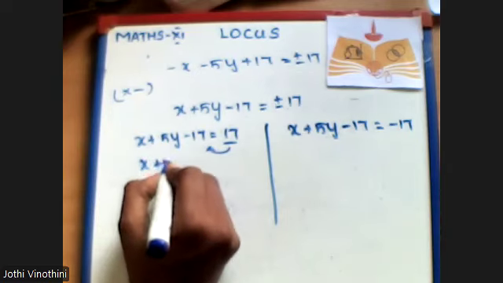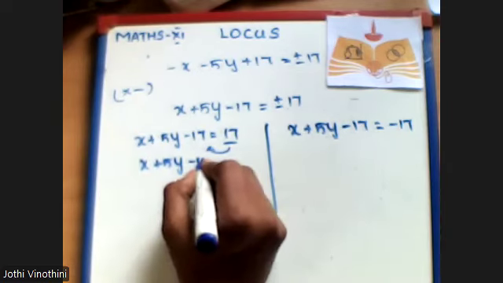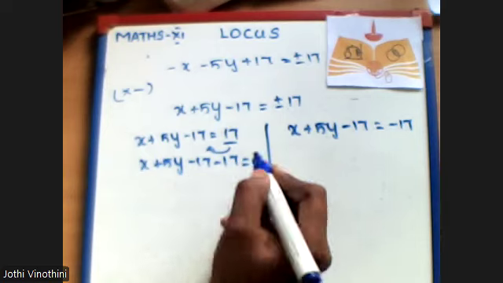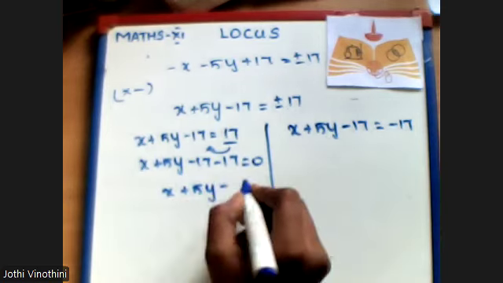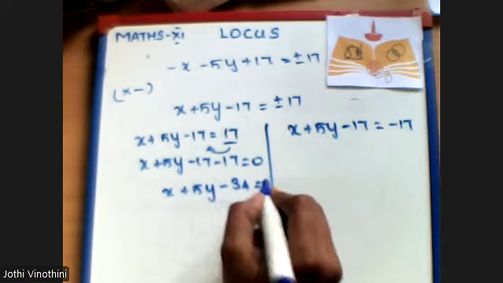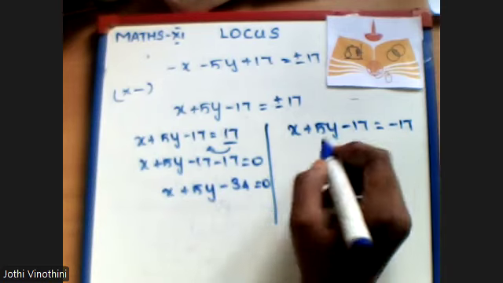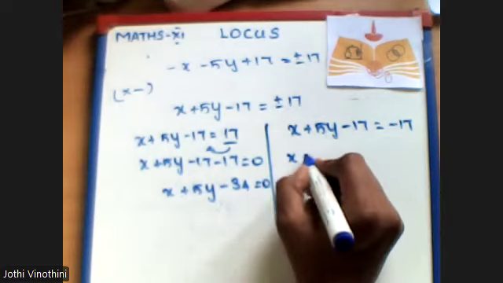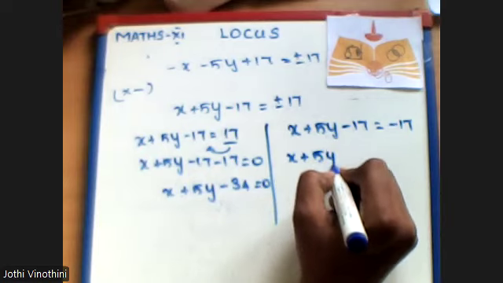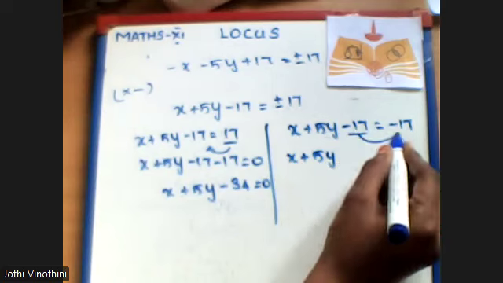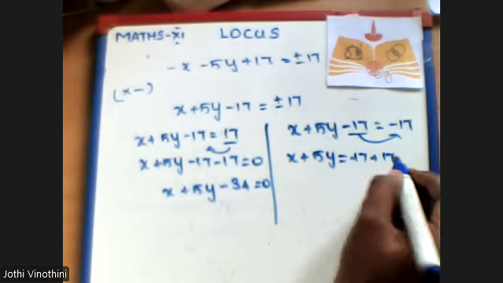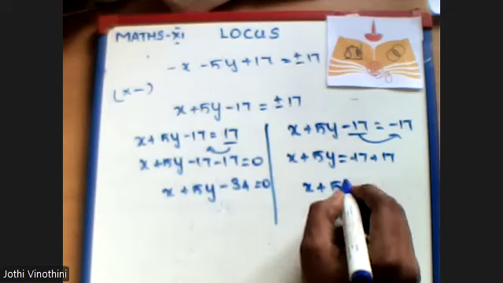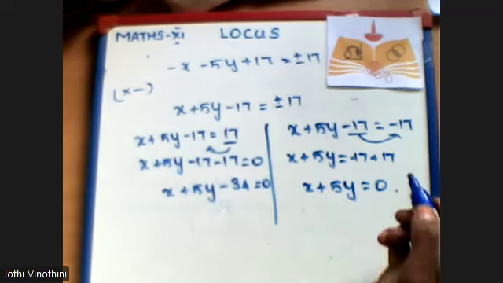So x plus 5y minus 17 equals 0, so x plus 5y minus 34 equals 0. This is the first part of our solution. And here x plus 5y, I'm going to move this 17 here, equals minus 17 plus 17. So x plus 5y equals 0.